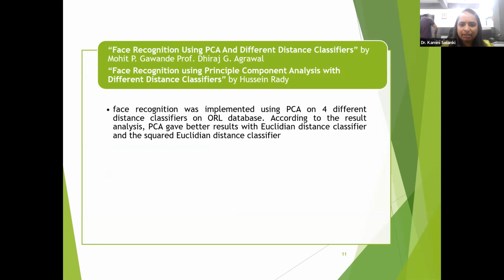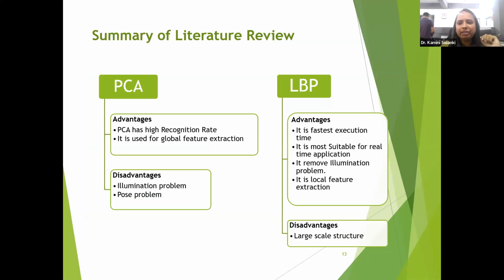So next, according to some researchers, the PCA algorithm is the best to implement your face recognition method.